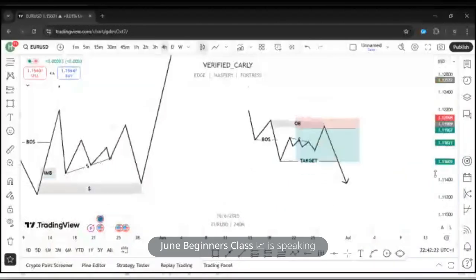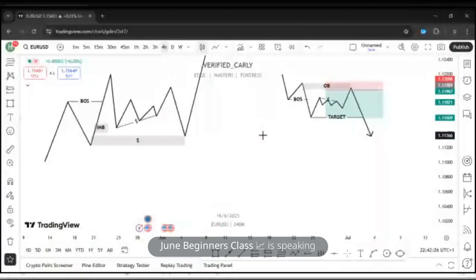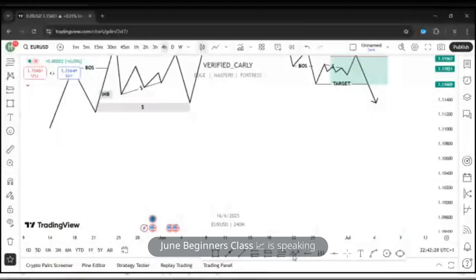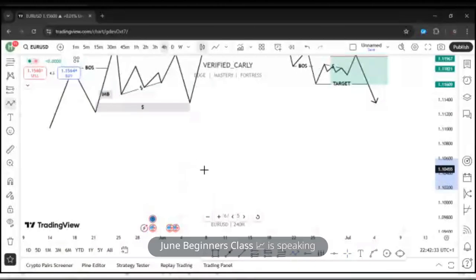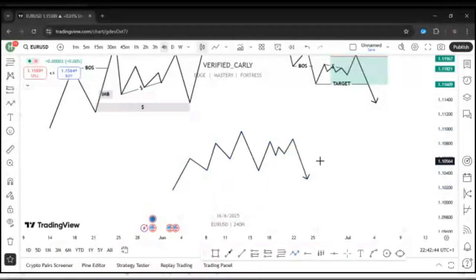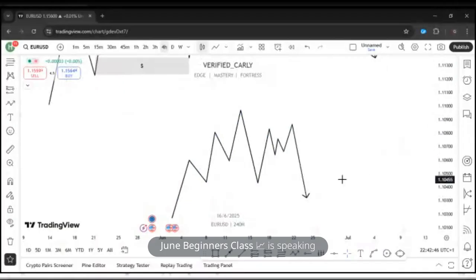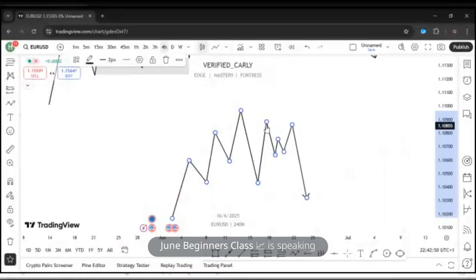Then also, if this is in a continuation model, and price is going bullish, right, and wants to change to bearish, you see something like this, right? You need what confirmation before you enter.